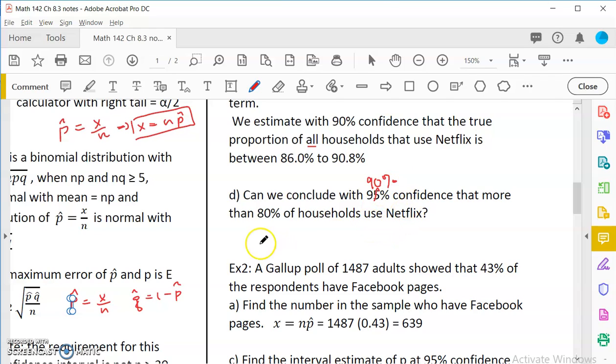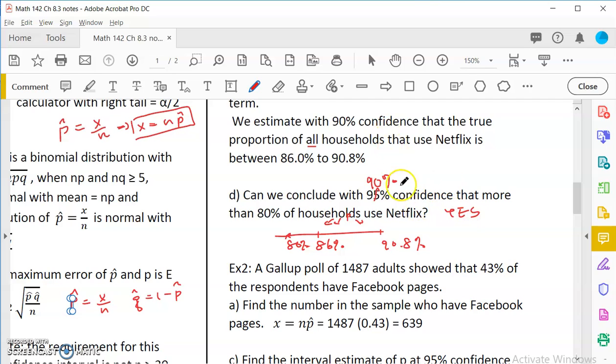The interval is 86% to 90.8%. So all these are possible proportions that use Netflix. So all of these are greater than 80%. 80% is here. So the whole interval is above it, so we say yes.